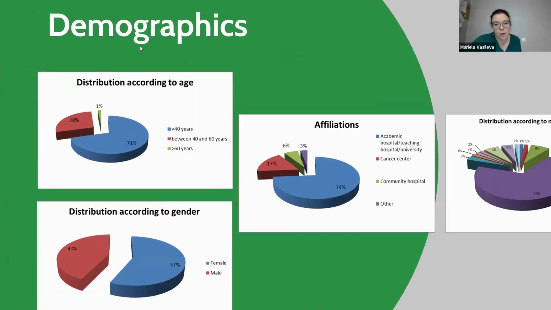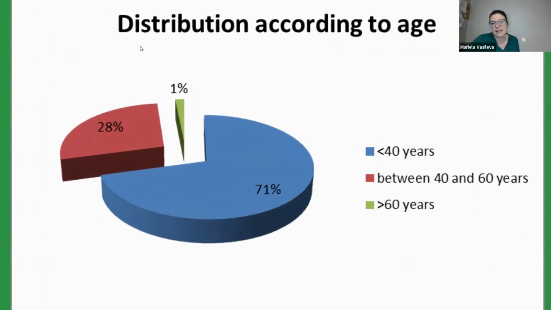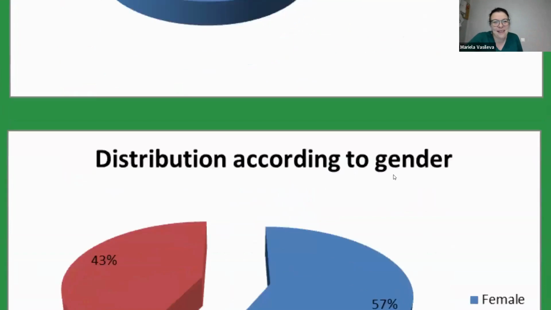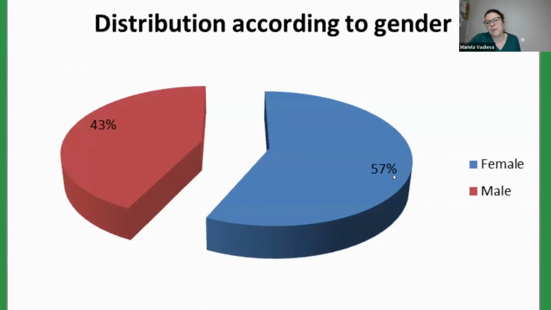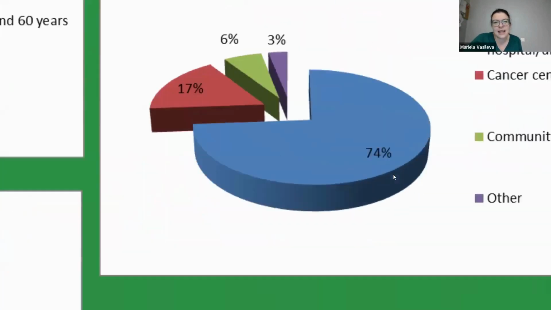These are mostly young people under 40 years. We also have quite a good number of people between 40 and 60, and only one person over 60, but hopefully he considers himself a young investigator. Most of the respondents were female, but we had quite a good gender balance.